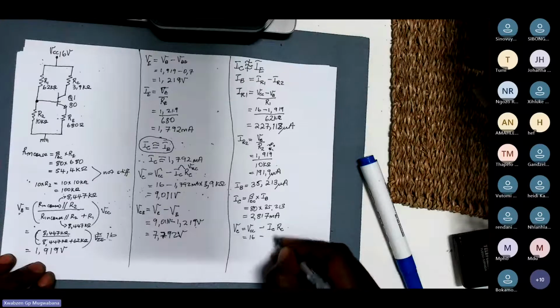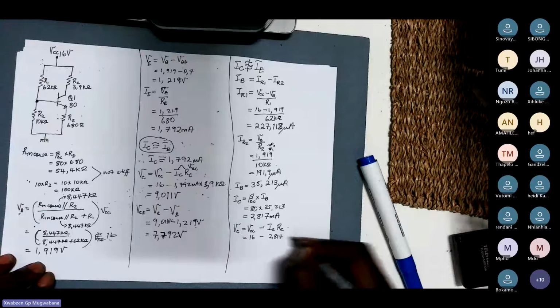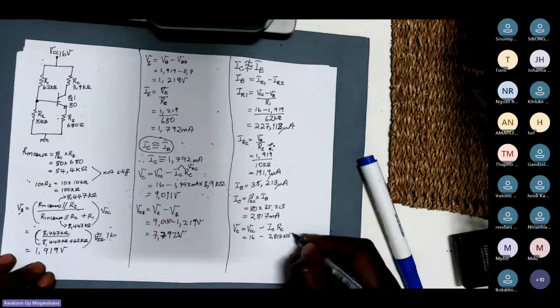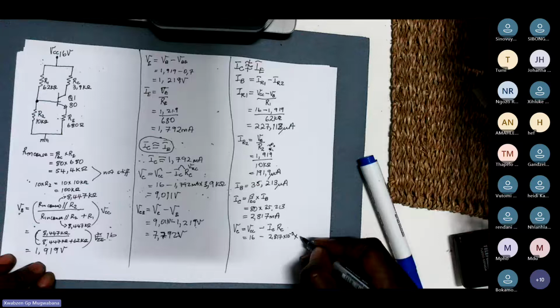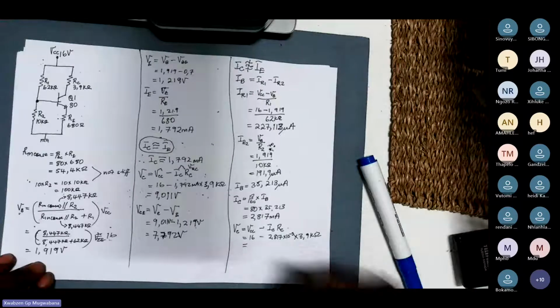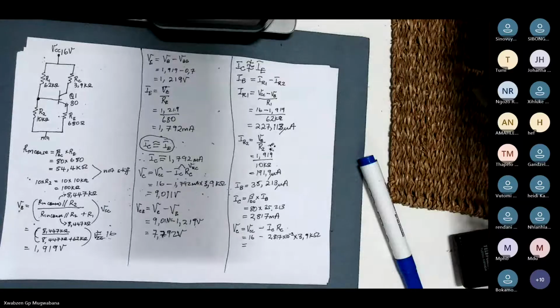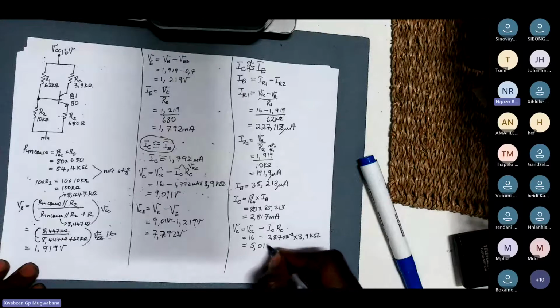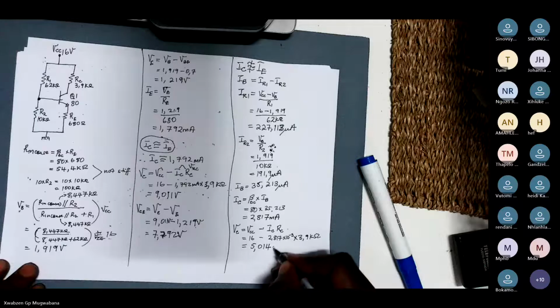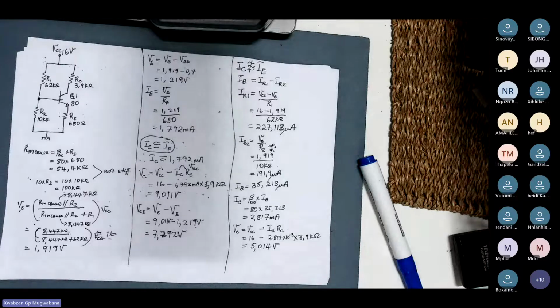VCC 16 minus 2,817 multiplied by 10 to the exponent minus 3, multiplied by RC, in this case 3,9 kilo ohms, which gives you 5,014 volts.